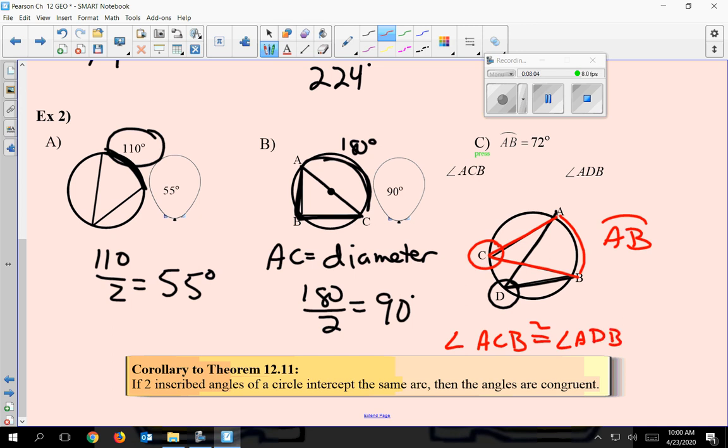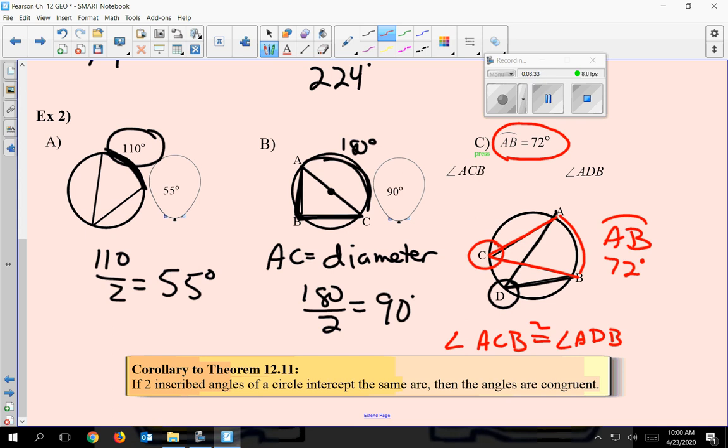Okay, very good. So now let's take the theorem here, or what they gave me here. They told me up here for C that arc AB is 72 degrees. And they want me to find these 2 separate angles. Well, if you go back to the original theorem, the arc is going to be double what the angle is, or the angle is going to be half of the arc.